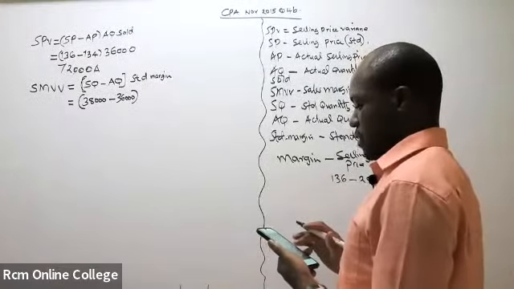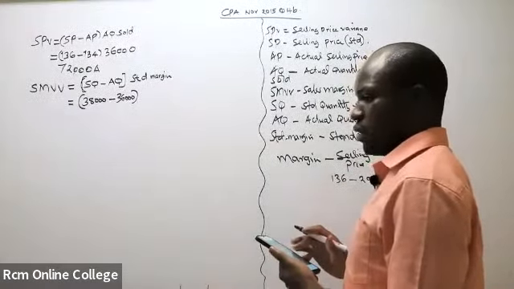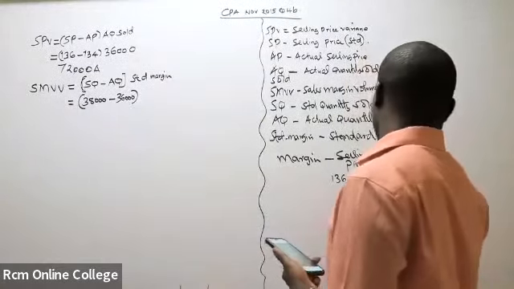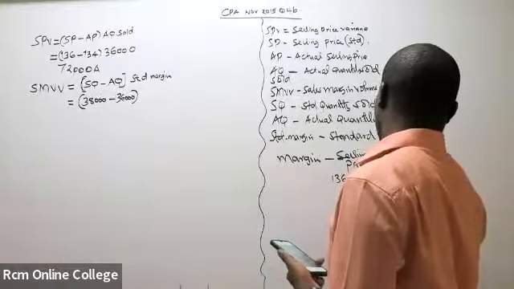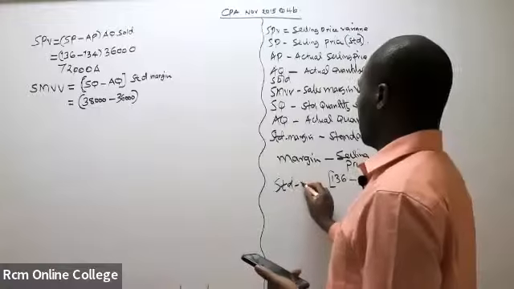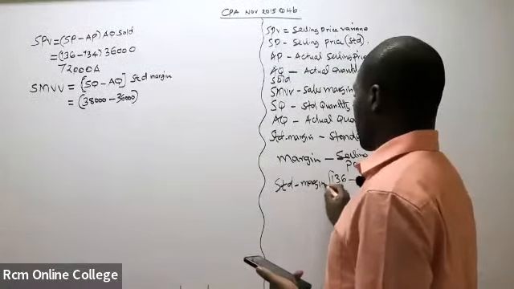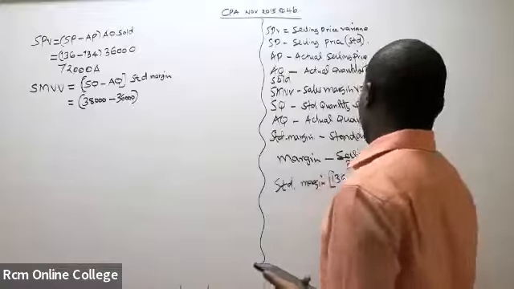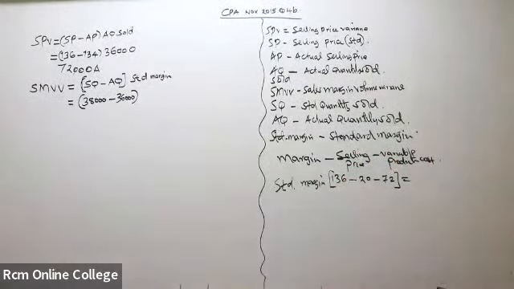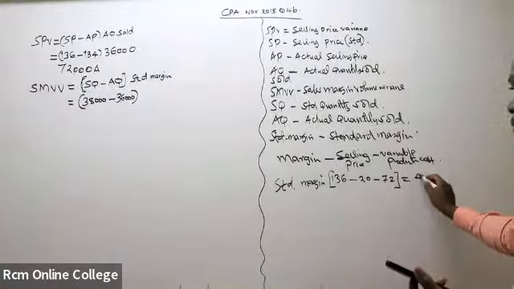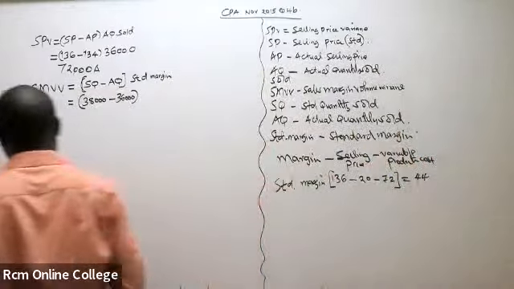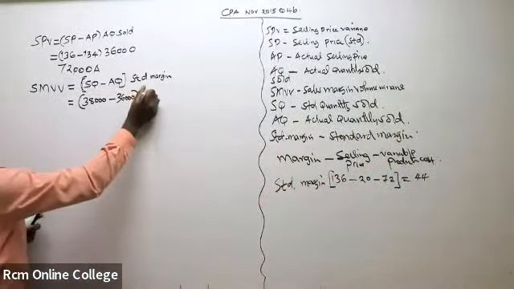What was the labor cost per unit? 72. So that will give us standard margin. What is the standard margin? 44. That's what we bring here, the standard margin.